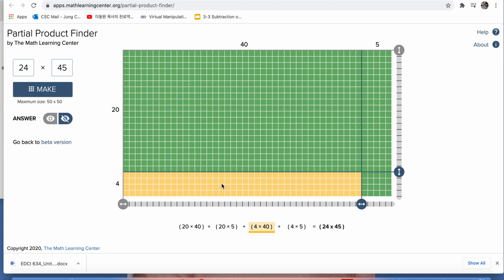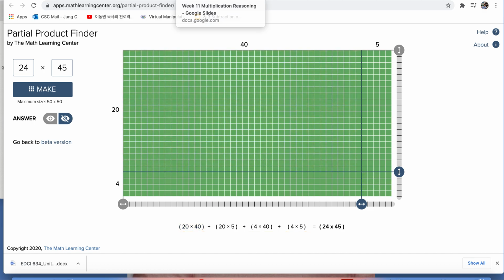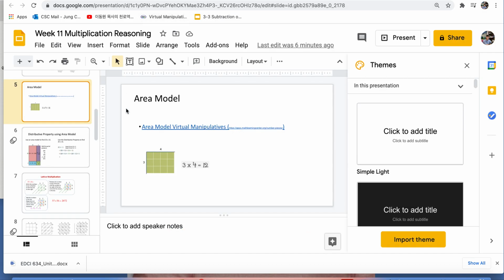Here 4 times 40 is 160 and 4 times 5 is 20. So to calculate this, you can add all of them together. This will be related to the standard algorithm, because these are actually the partial products. Okay, I will show you that a little bit later too. So that is the area model.